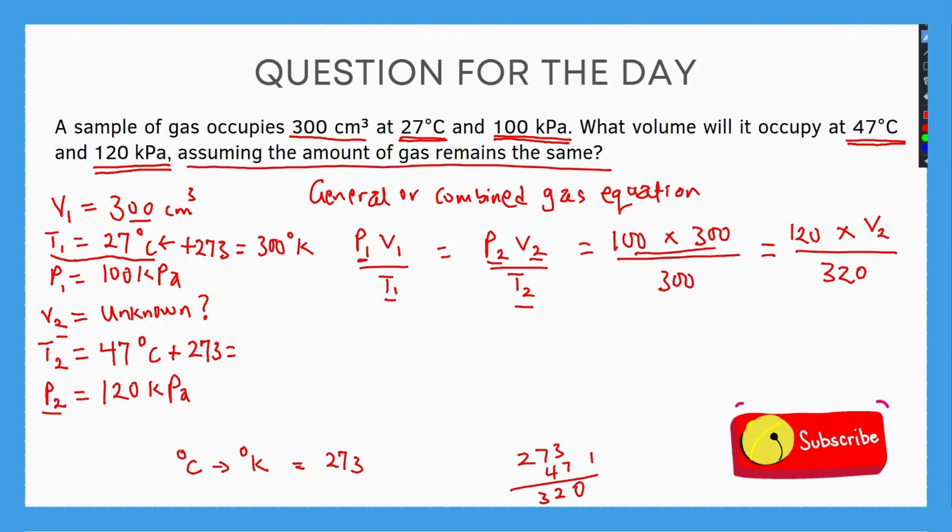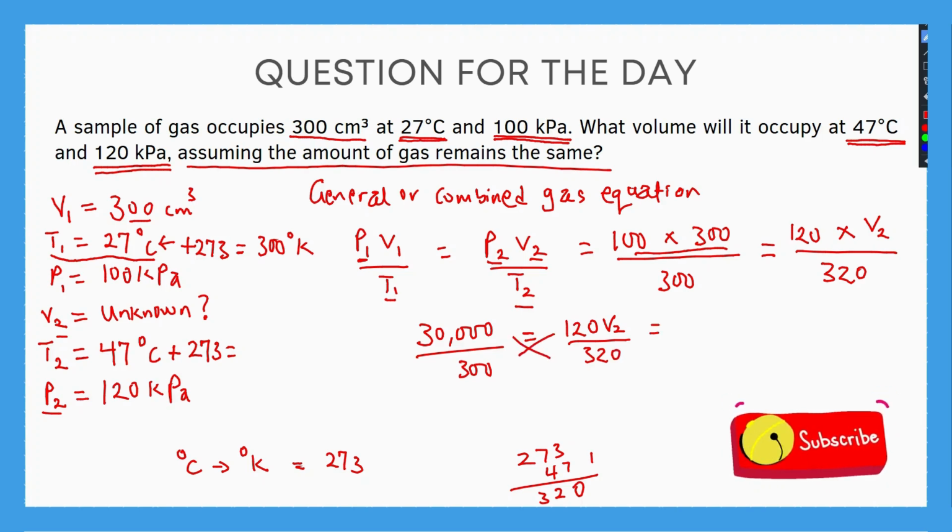So now that we've done that, let's go ahead and do some math. 100 multiplied by 300 gives us 30,000. 30,000 divided by 300 is equal to 120 V2 divided by 320. So doing that, we can cross multiply.